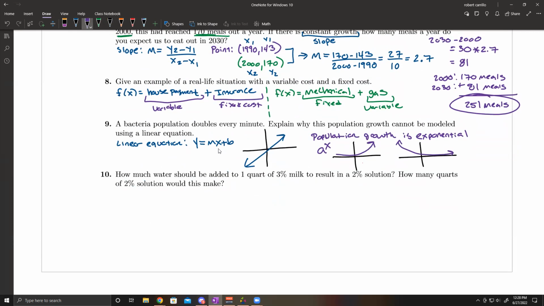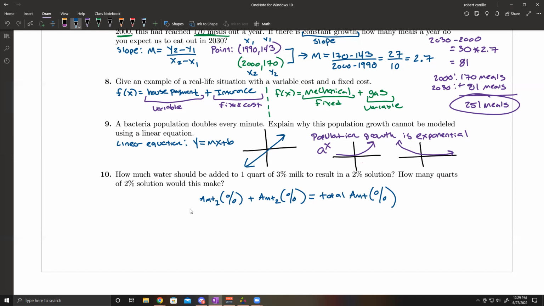And number 10, how much water should be added to 1 quart of 3% milk to result in a 2% solution? Oh, I guess we just wanted to refresh on mixtures again. All right, this shouldn't be too bad. So remember our mixtures formula was amount 1 times the percent plus amount 2 times the percent equal to the total amount times the percent.